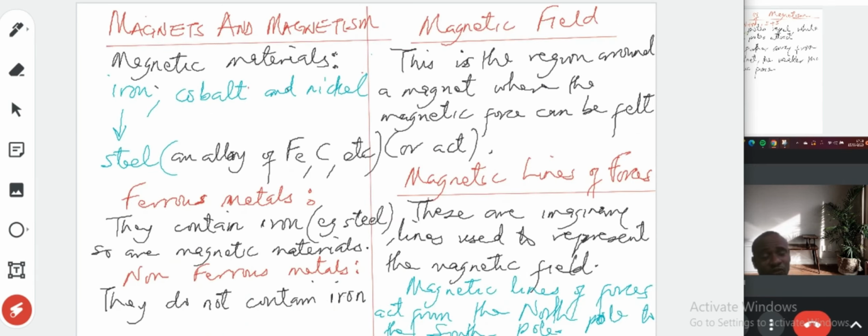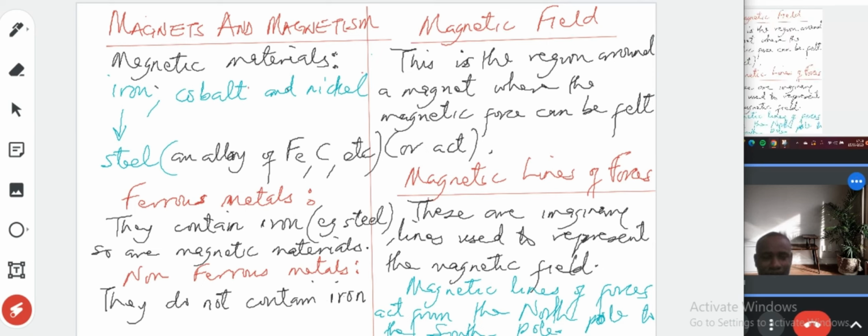Yeah. And don't forget that on page 1 again, you need to look at it, because I was just talking about why the earth behaves as if it has a magnet. Go to page 1 again. Page 1 of 20. There are materials that can be attracted to a magnet, and we call those materials magnetic materials.